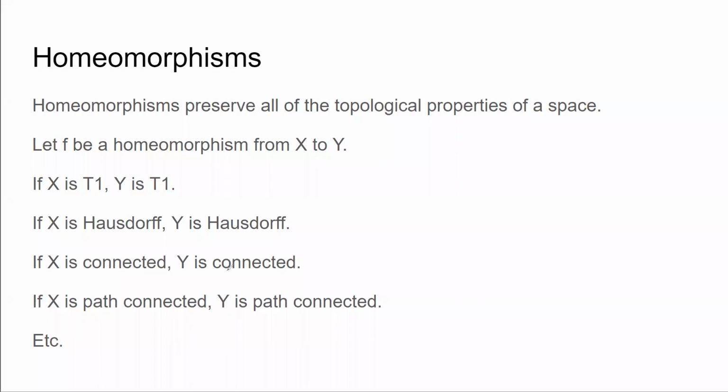And if X is Hausdorff, then Y is going to be Hausdorff. If X is connected, Y is connected. If X is path connected, then Y is path connected. And if you think about any of the properties that we've shown you, if X satisfies that property, Y is going to satisfy that property as long as it's a topological property.